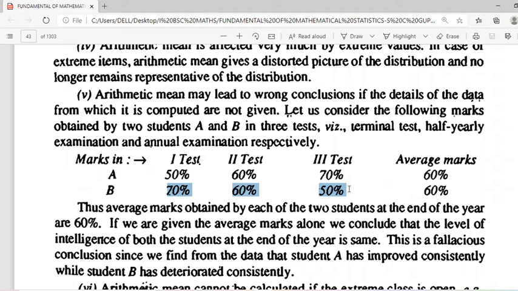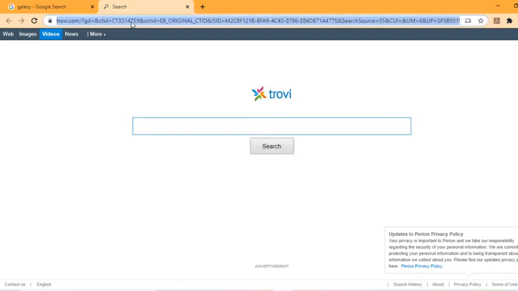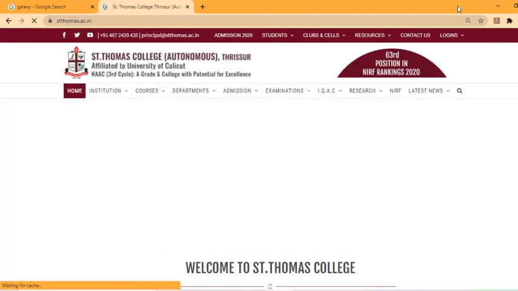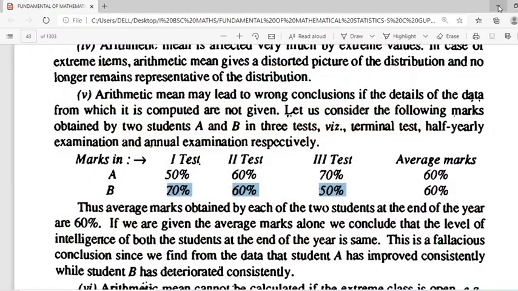I joined the Indian Statistical Institute at Kolkata in 2006 for the PhD. For that selection, I had to appear for a test and an interview, and they looked at the marks obtained during SSLC, plus two, the degree course, and the PG course.